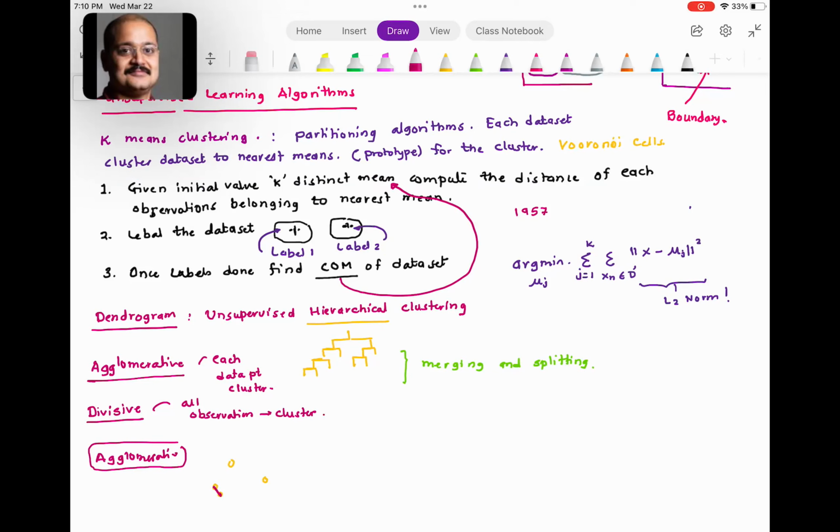In the next iteration, these 2 points are now replaced with just one single point. Then I observe that this point is closer to point 1 compared to point 2, so I construct a straight line. And then I replace these points with their equivalent point.